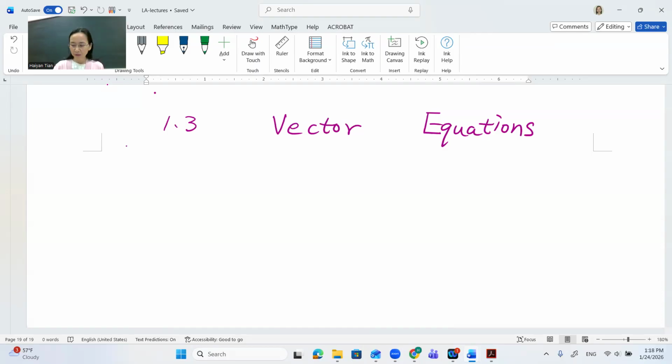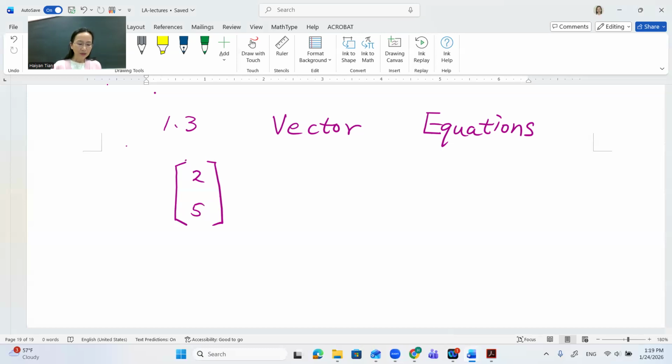So if I give you, for example, two numbers in a column. So for example, just some numbers here. And you can say this is a matrix with two rows, only one column.